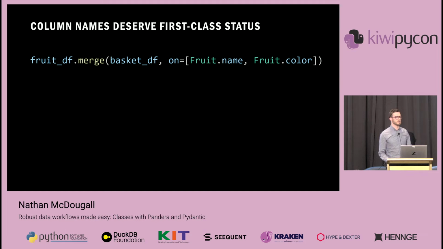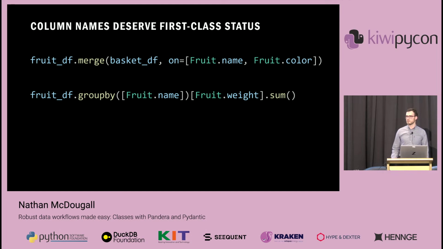It becomes a lot cleaner to be able to specify the names rather than the columns themselves. So, of course, the pandas API expects column names, so you need to be able to access those when you're writing functions. Same thing for aggregation, group by: we want to be able to specify a list of columns that we're aggregating by, and selecting, we want to select the weight column. Again, we can just access this from the class as a string.